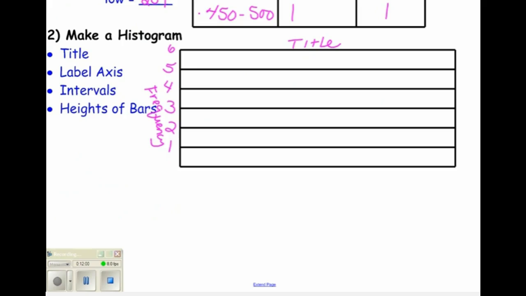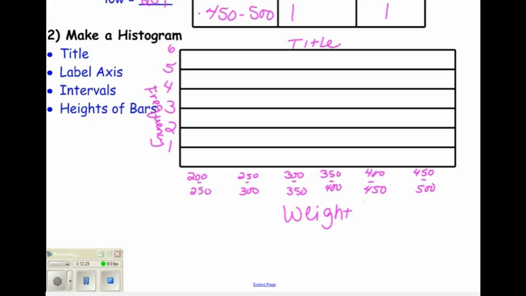And then I need to put my categories down here: 200 to 250, 250 to 300, 300 to 350, and so on. Label those out. This would be weight, and it's in pounds.